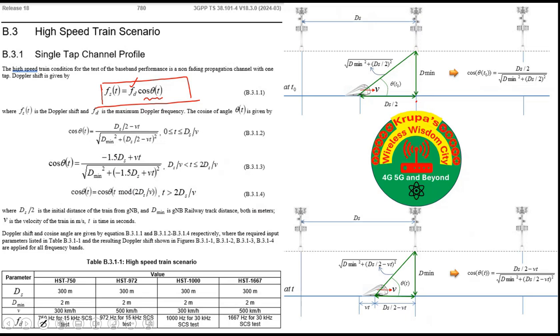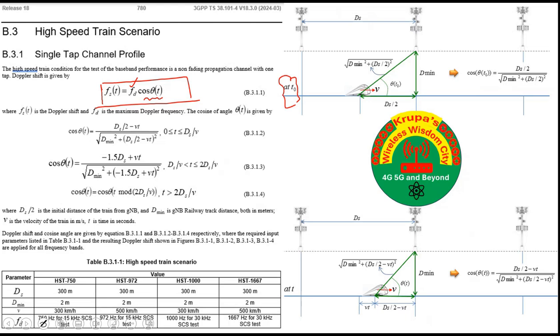This is your Ds by 2. Let's say you are at time t0, as an example. If you take Ds by 2 distance from here, and this is your Dmin distance, somebody asks you what is my theta t, you can easily derive it, right?